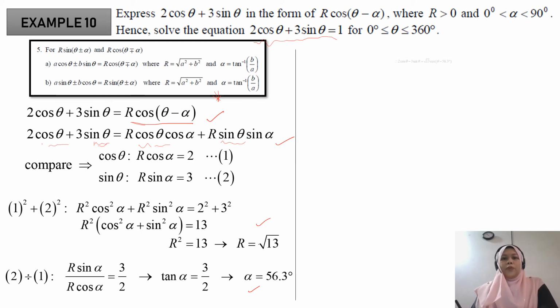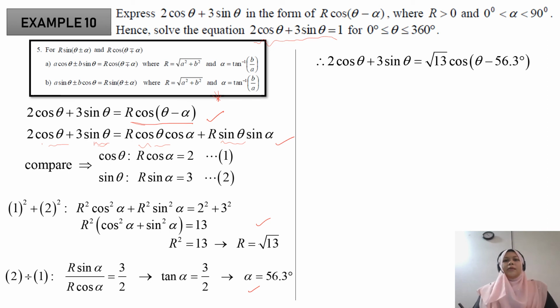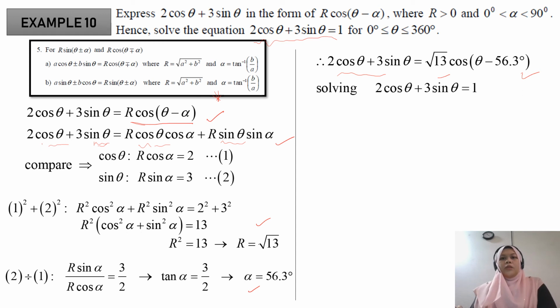So what we need to do is to express the expression in terms of r cos(theta minus alpha), as the question asks you to do. Now you have already expressed it in terms of r cos. The question says, hence solve the equation. Solving the equation, we don't use 2 cos theta plus 3 sin theta because we already expressed it in the form of r cos(theta minus alpha).